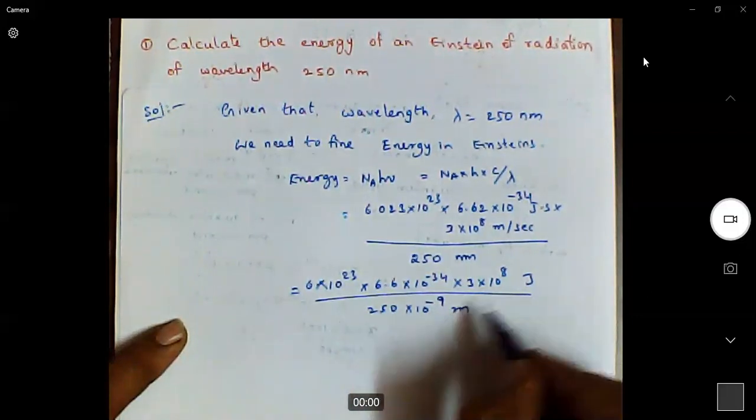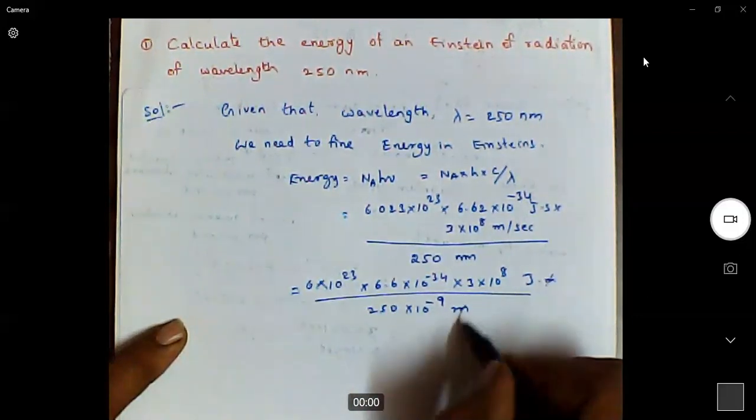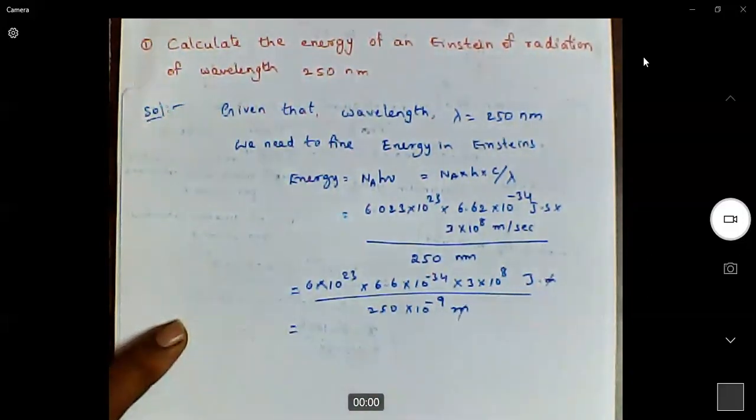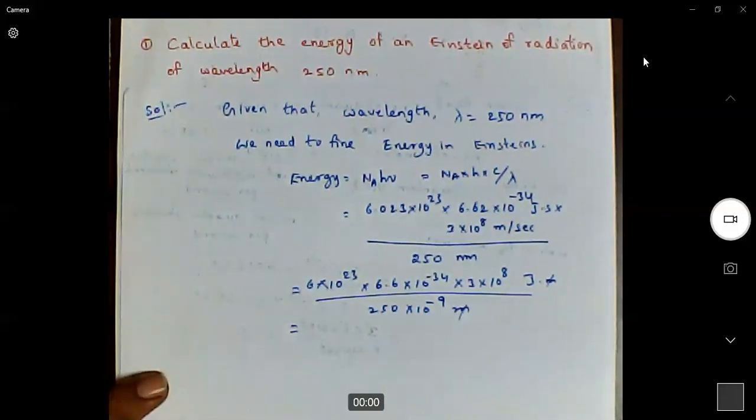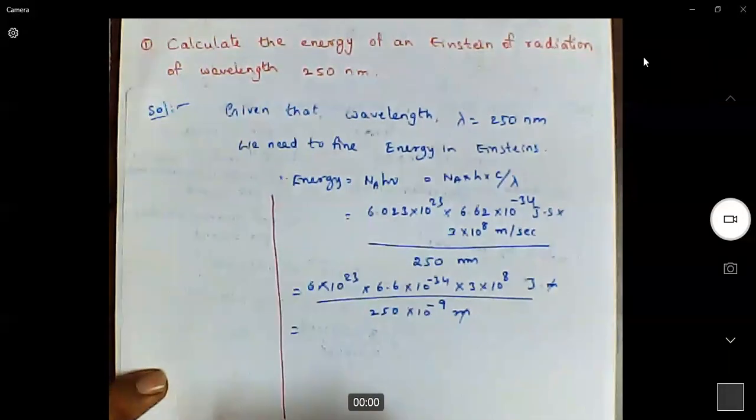So this meters and this meters, they will get cancelled. So what we will get is the number of Einsteins in joules. But remember, you don't need to do all these calculations for each and every problem, right? We will simply go for the shortcut.